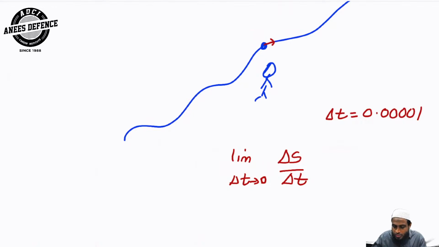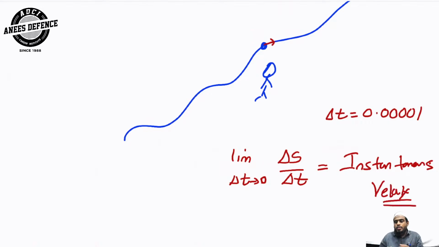In such a case, here also delta S by delta T, distance by time, means velocity only. So this is not average velocity. This I will call instantaneous velocity. So what is your speed within a very, very small time?